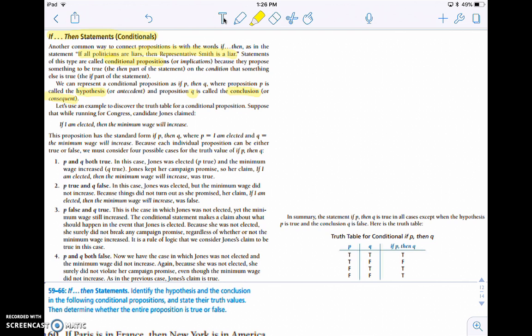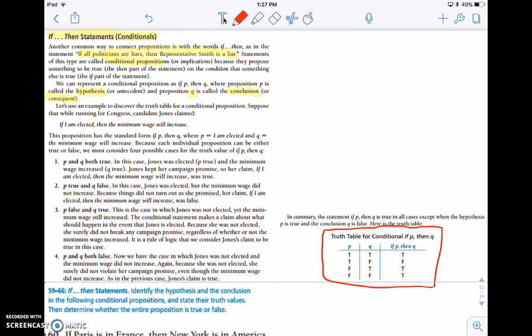So now we're going to look at an example here to try and come up with this truth table right here for if P then Q. And some of these aren't as straightforward and intuitive as you would think.